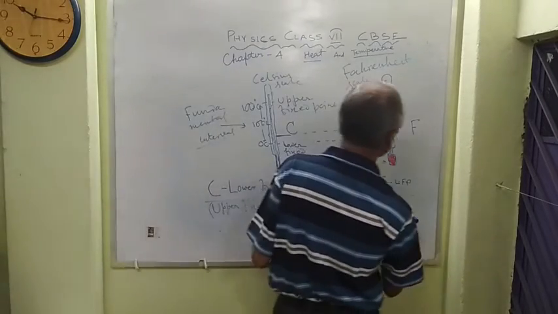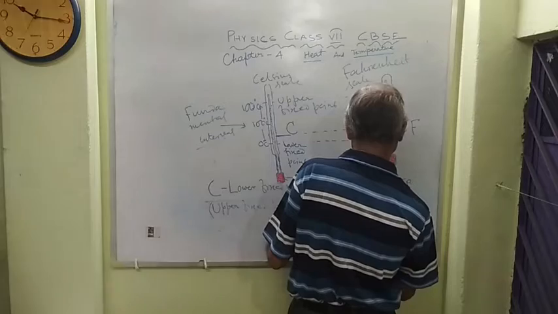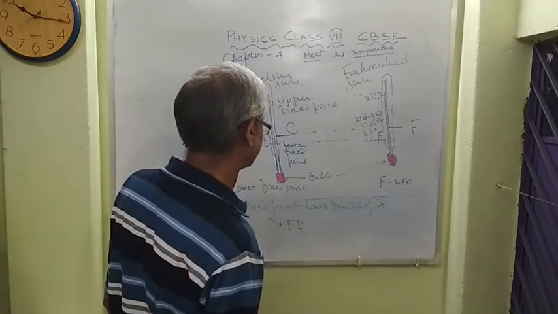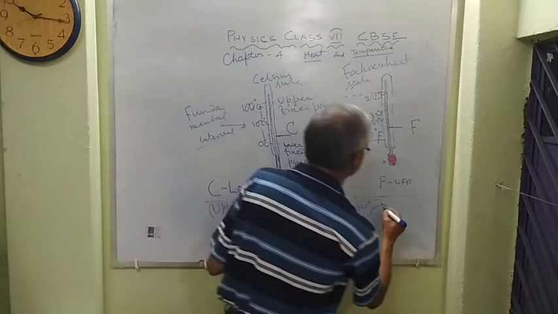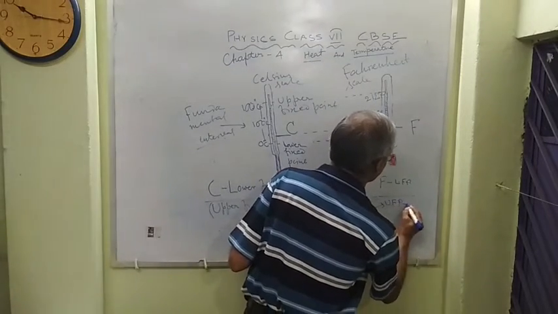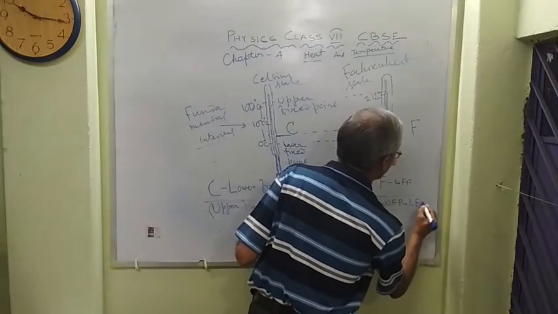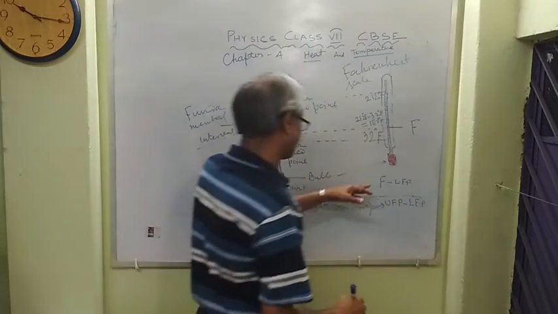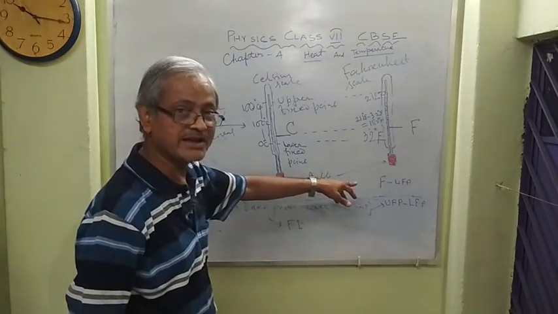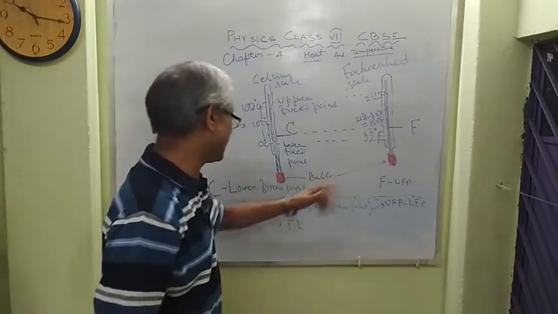We write this as Fi, fundamental interval, that is, upper fixed point minus lower fixed point. We symbolized it so that we can write in this line.